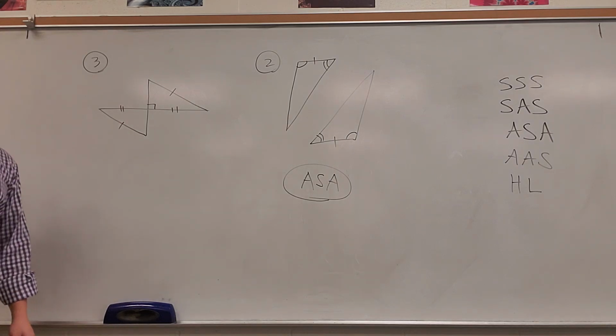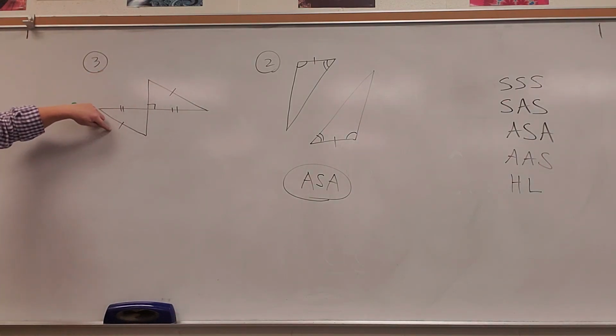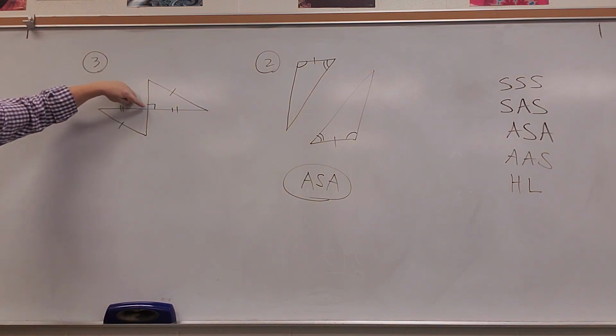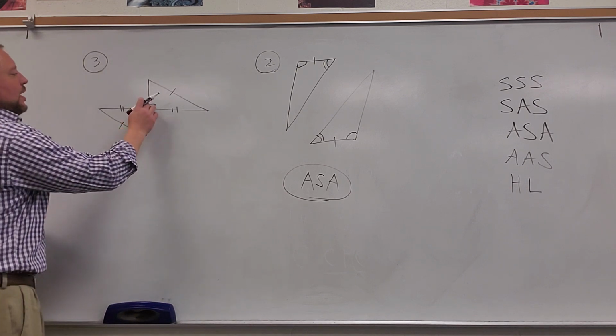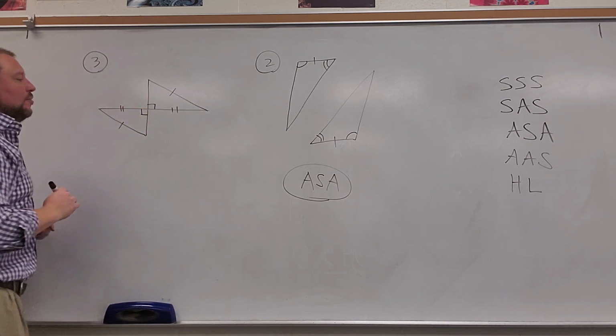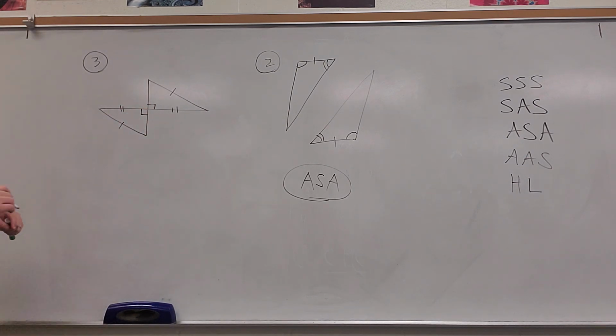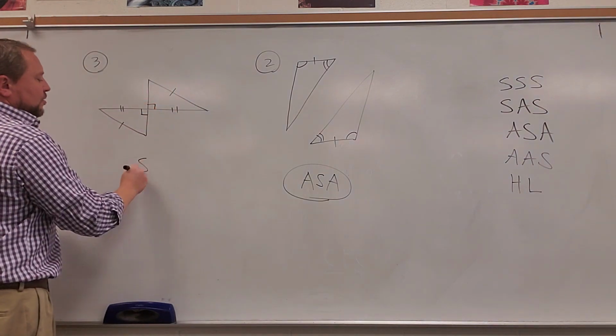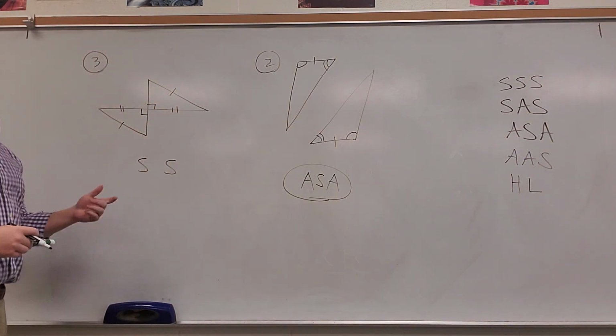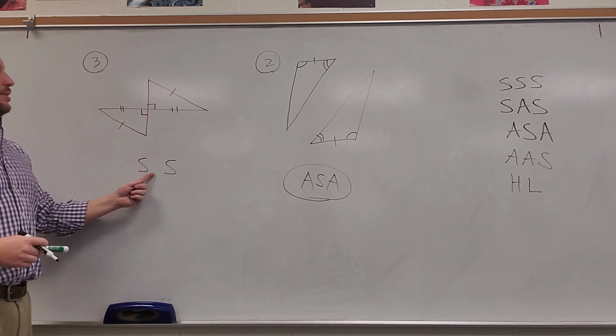Okay, looking at this problem, I've got these sides congruent, these sides congruent. I've got a right angle here, and I hope you recognize I've got vertical angles. So if that's a right angle, this has to be a right angle. Okay, two sides and an angle. You've got to ask yourself, is the angle in between the sides?